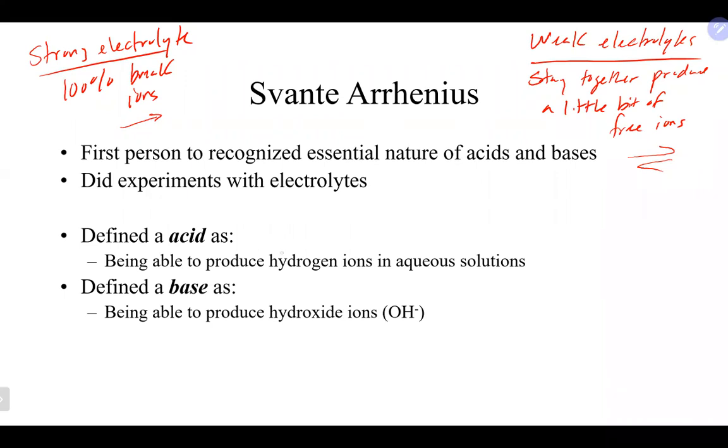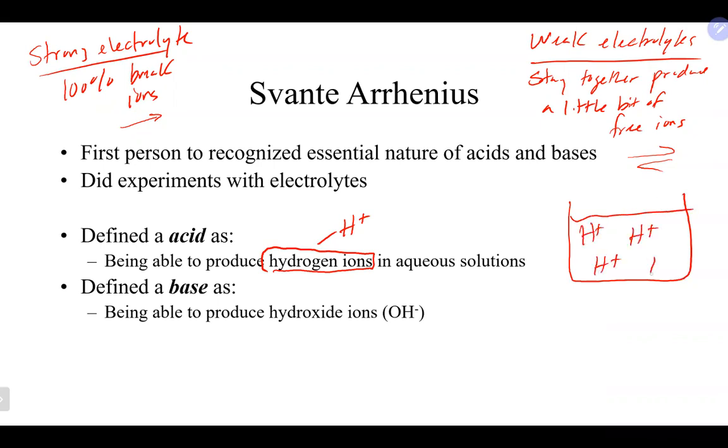Really, an acid is defined as something that is able to produce a hydrogen ion, which is the H+ ion, in solution. What that means is, if you looked at the beaker, it produces free H+ ions floating around in the solution, not connected to anything else. And that's really what makes something an acid.